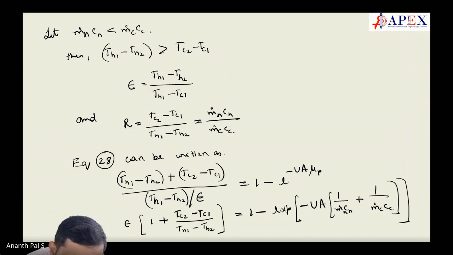This particular thing is R. And when you take m dot h Ch, this will also be R. How did I write Tc1 minus Tc2?